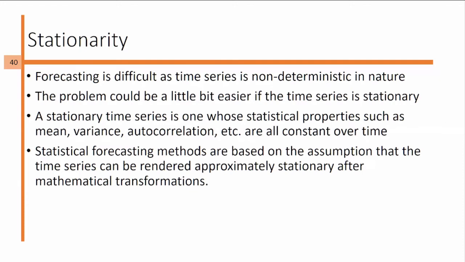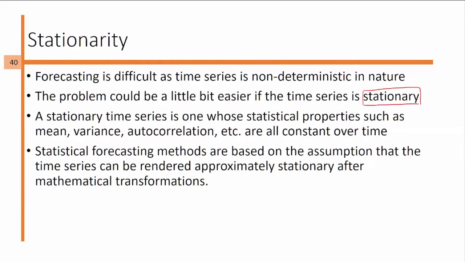And so why do we need to know these terms? Because forecasting time series is difficult as it is non-deterministic in nature. When we are forecasting a time series, it must be stationary. And what do I mean by stationary?